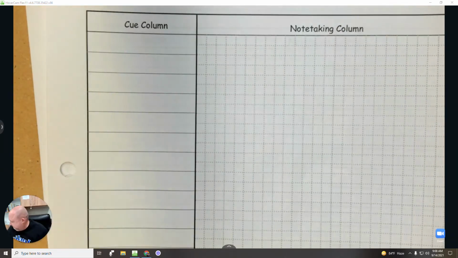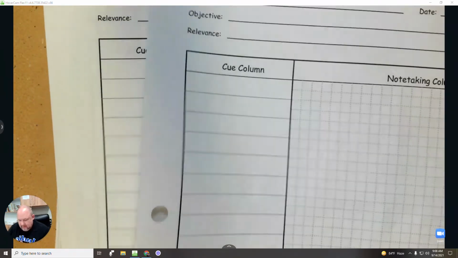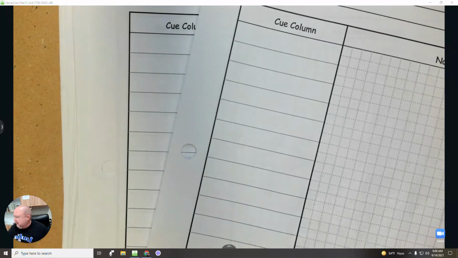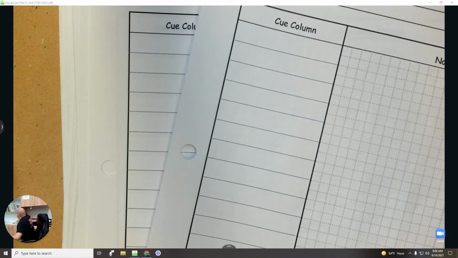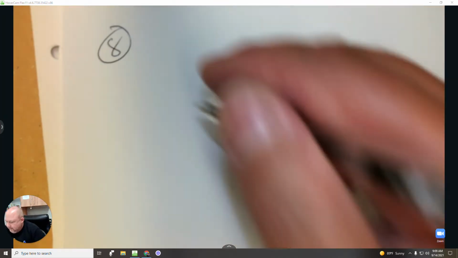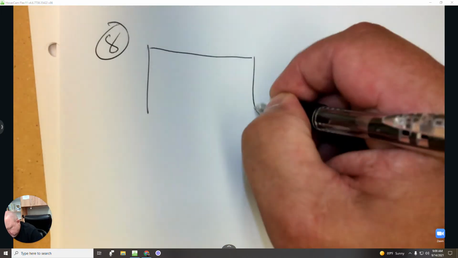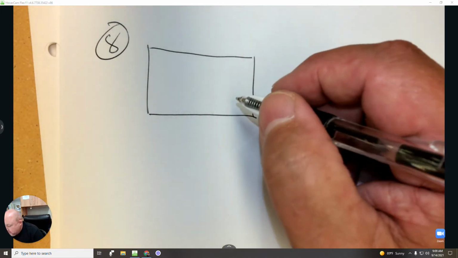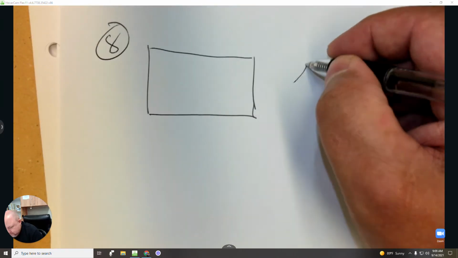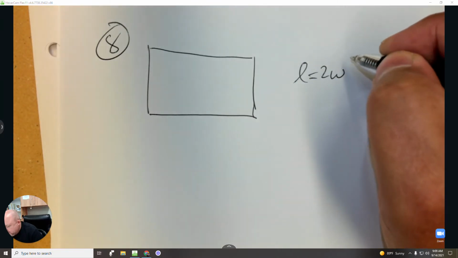Number 8. Let me get paper. In number 8, a rectangle is formed whose length is twice the width.